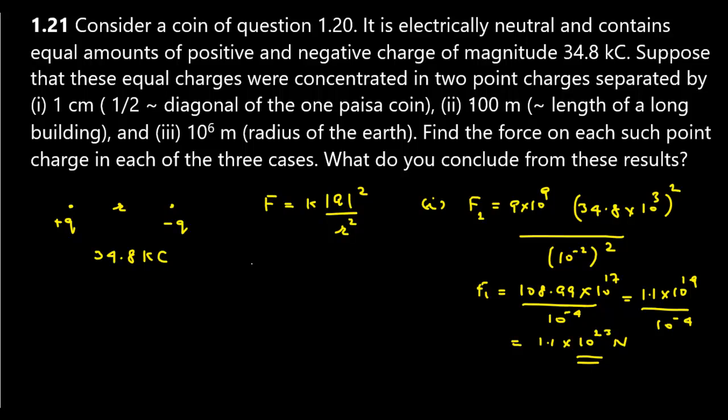Now in the second part of the question, he is varying the separation between these two charges. So earlier it was 1 centimeter, now it is 100 meter. So for the second case, the upper part will remain as it is, that is 1.1 into 10¹⁹ divided by 10² raised to the power 2, so it is 10⁴, and here it was 10⁻⁴, so the difference is of 8 overall.